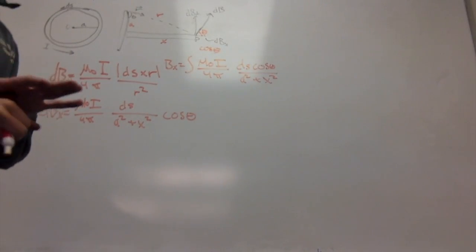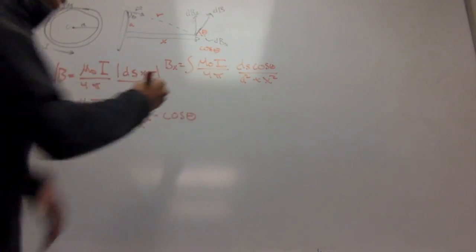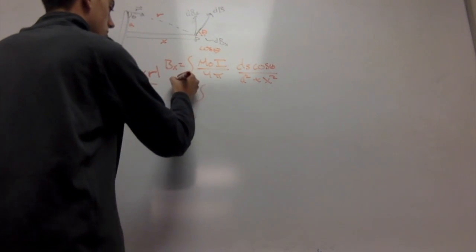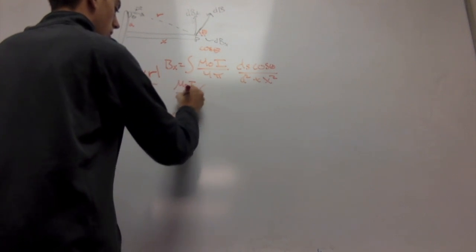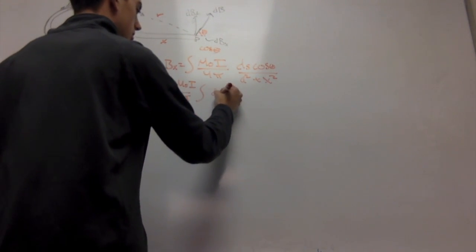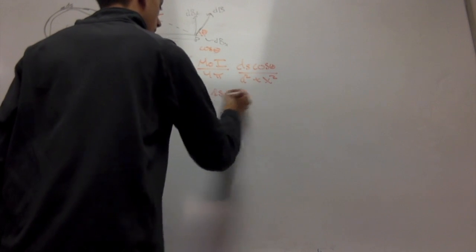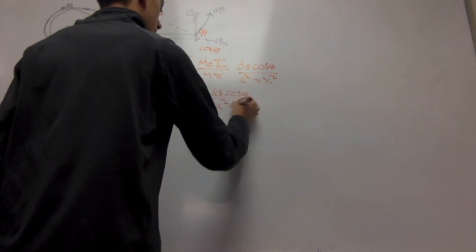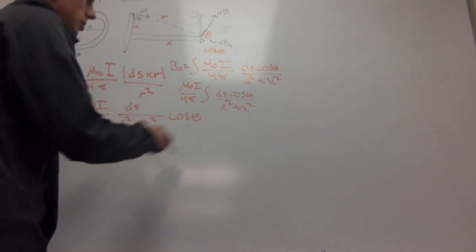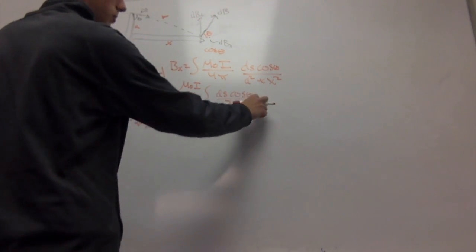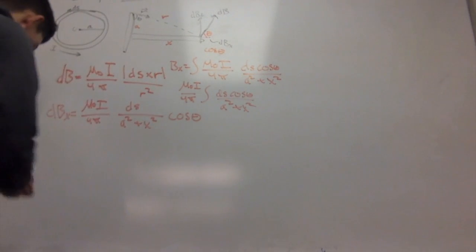We can go ahead and take all these constants on the outside. After you take all these constants on the outside, we'll want to simplify what cosine theta actually is.